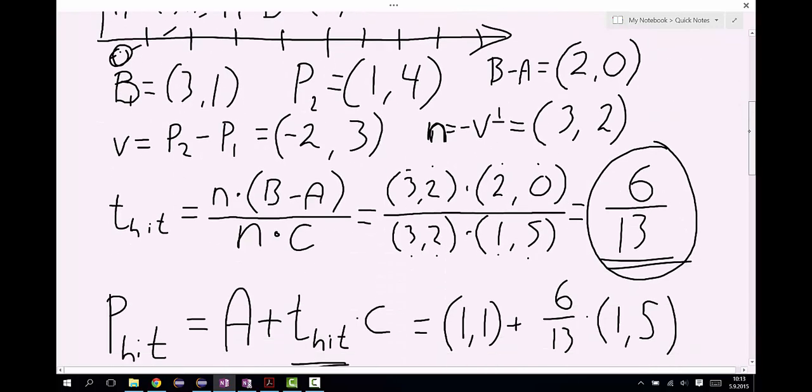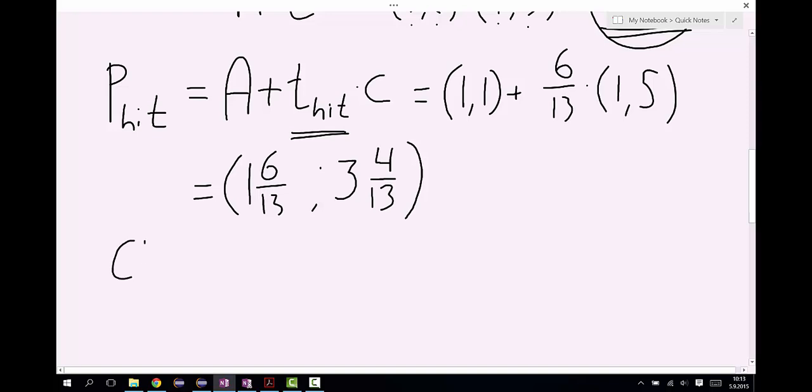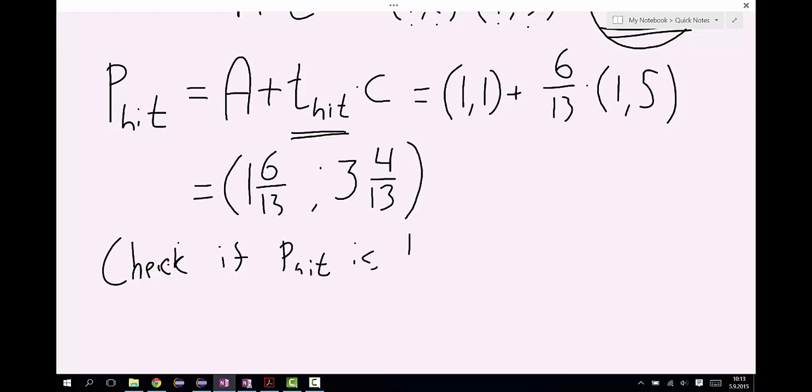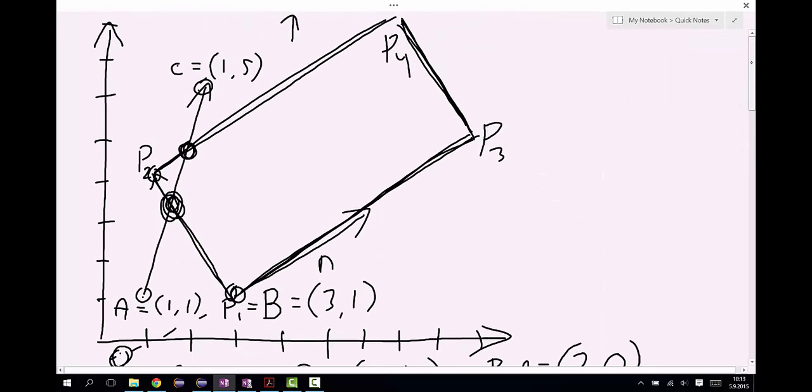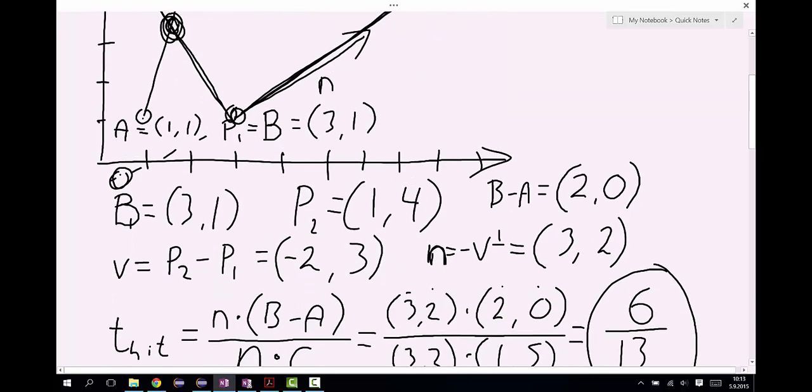So now we check if P hit is between the line segment ends. And all we need to do is just check if either the y or the x values are in between. So let's just look at the x values now. The x value for P1 is 3, the x value for P2 is 1.